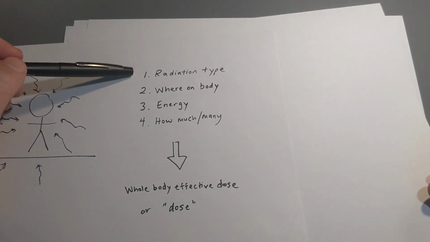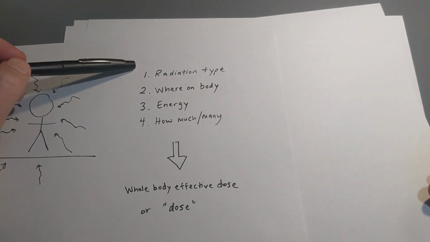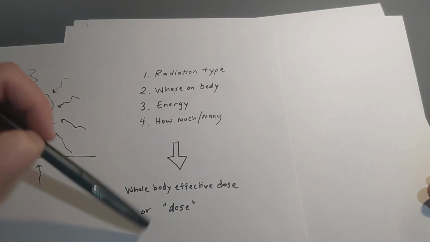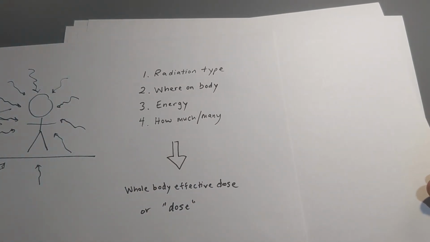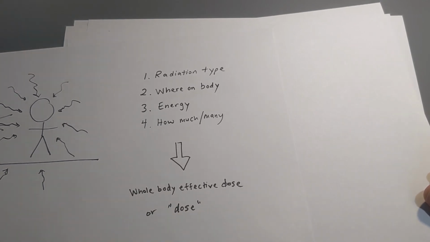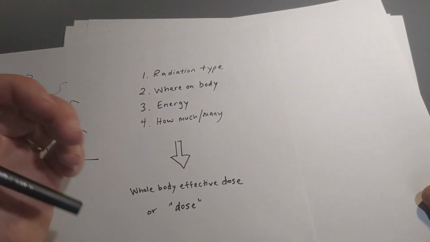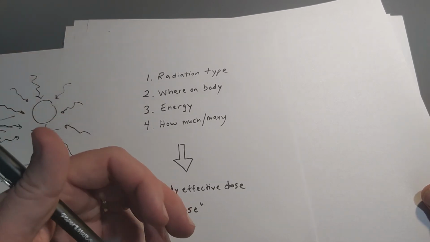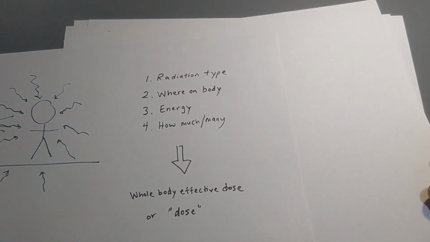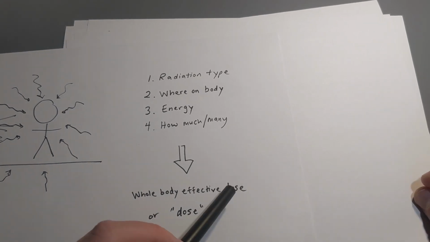And if you factor all these in very carefully and you do the right math and the right considerations, you can get a whole body effective dose for a given situation, or a dose rate if it's per unit time. So a dose is the total amount you get, and the dose rate is how much you're getting per minute or per hour. You can think of miles per hour as dose rate.